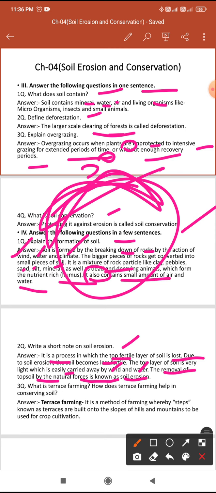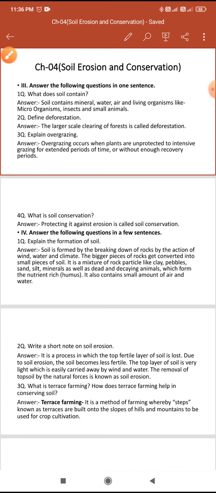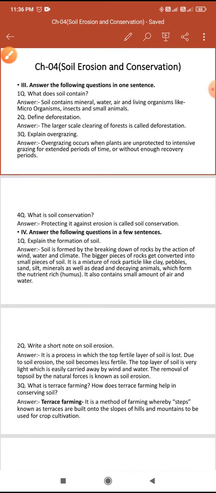Okay, now the next question, what is terrace farming and how does terrace farming help in conserving soil? So first, what is terrace farming? The answer in the first paragraph. It is a method of farming whereby steps, see, this is step by step how it is happening.